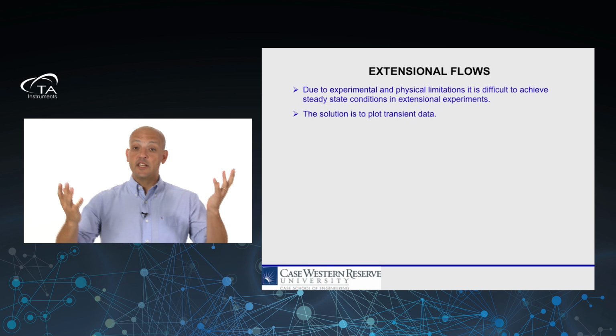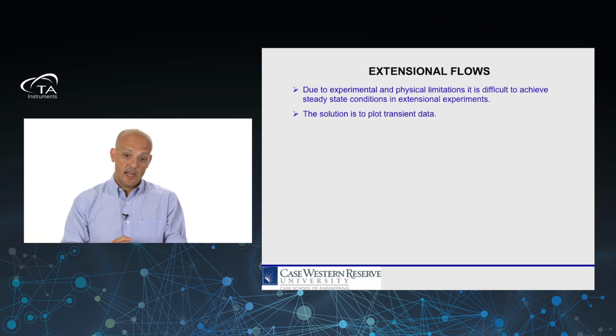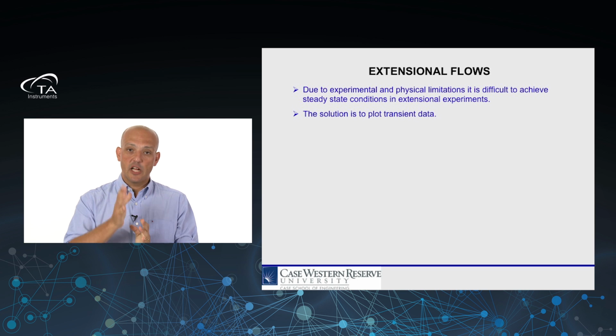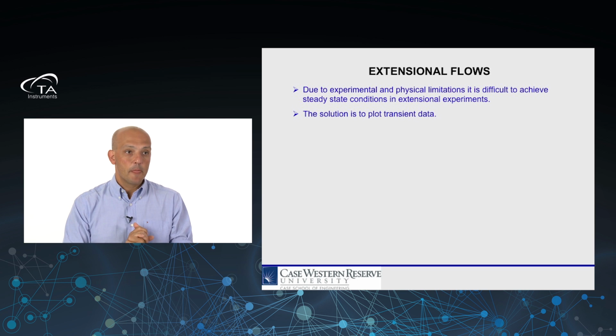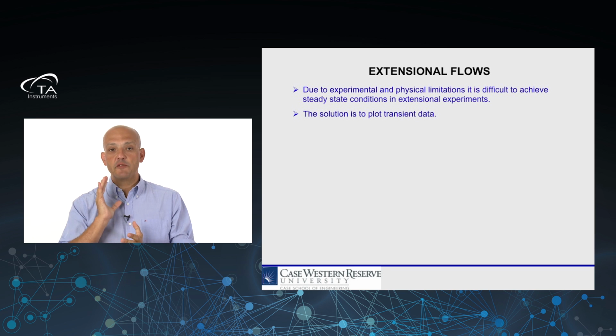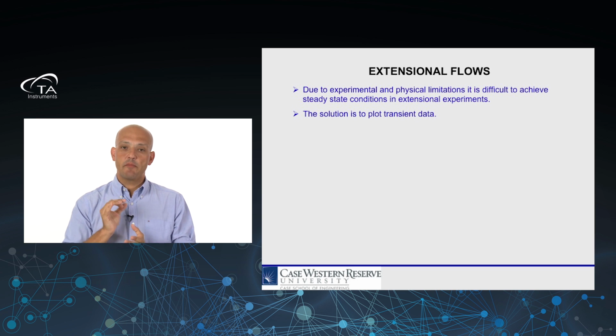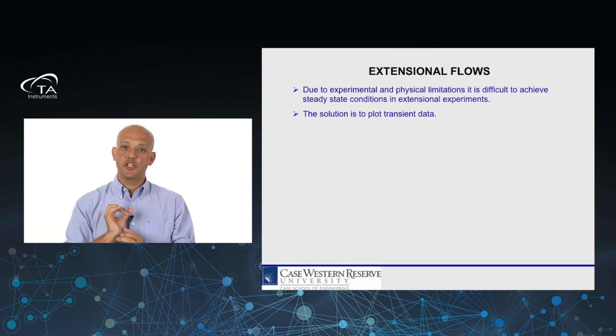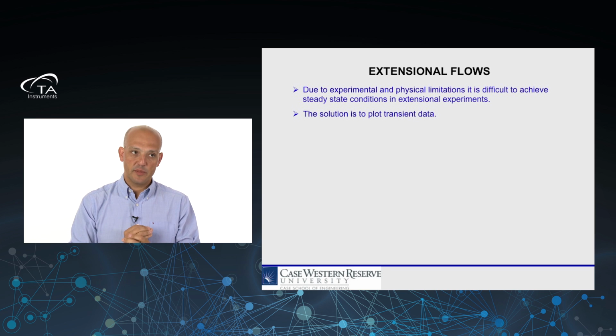So the question is, how do we measure this extensional viscosity? Well, as I'll show you in a minute, there are experimental and physical limitations that make it extremely difficult to achieve steady-state conditions in extensional experiments.